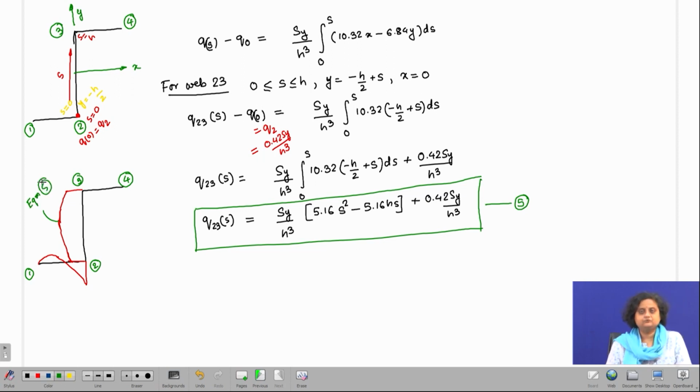The expression for this is given as equation 5.